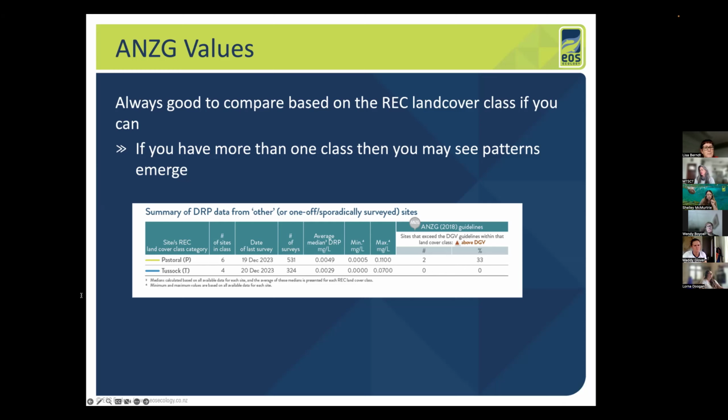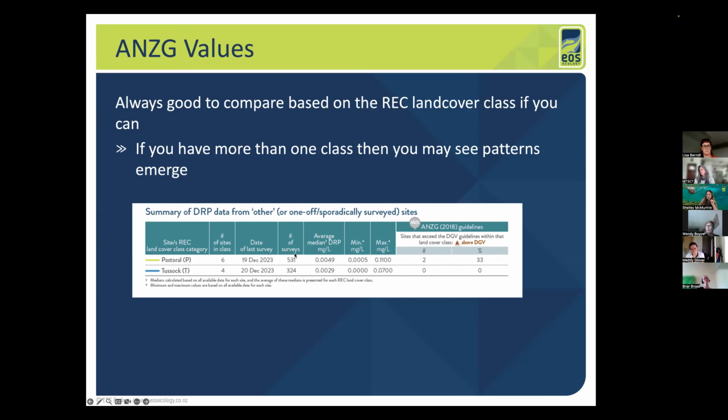And when we look at those four catchments that have different REC land cover class categories, you can see differences coming through here. For example, on this particular catchment, the tussock land cover class is just under half that of the pastoral. So the pastoral land cover class has a higher median value for DRP coming through those systems.